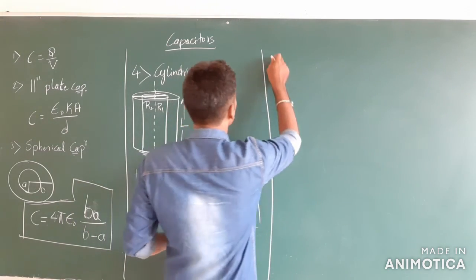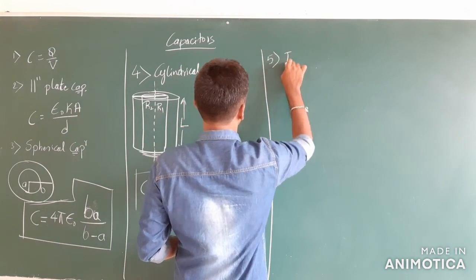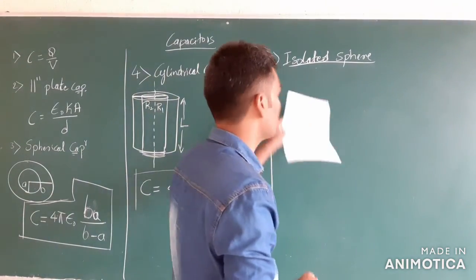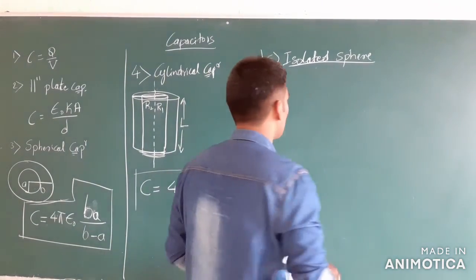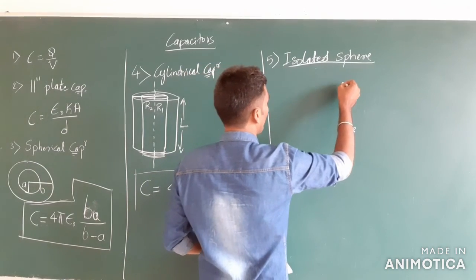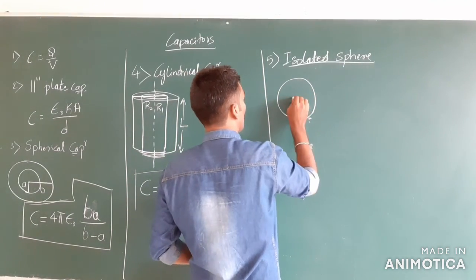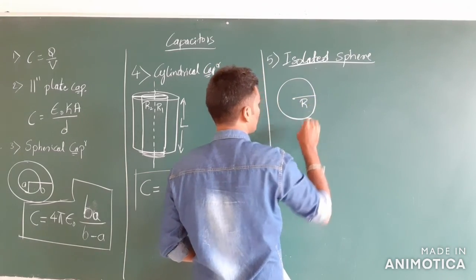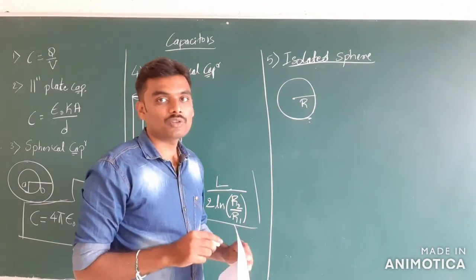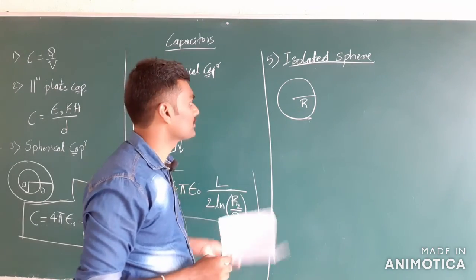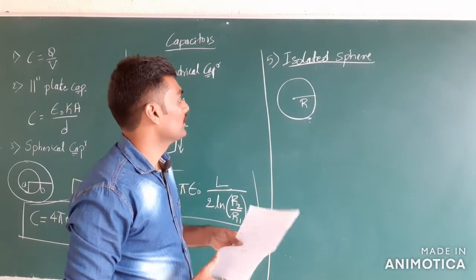Moving ahead, if we have an isolated sphere, a simple hollow sphere of radius capital R, what is the amount of charge that we can store in it, or the capacitance?